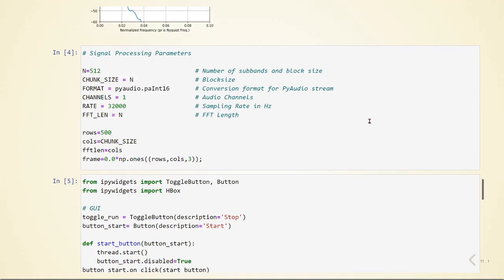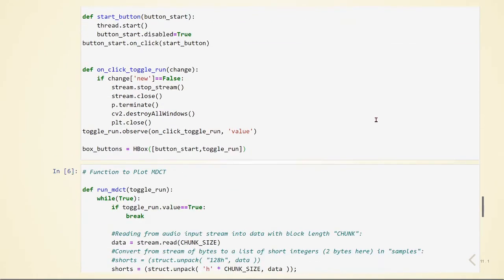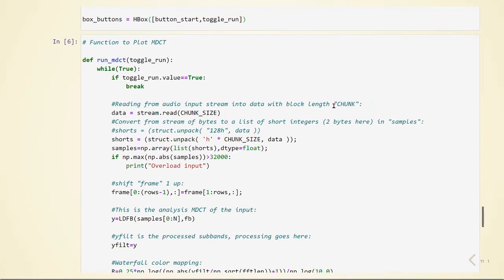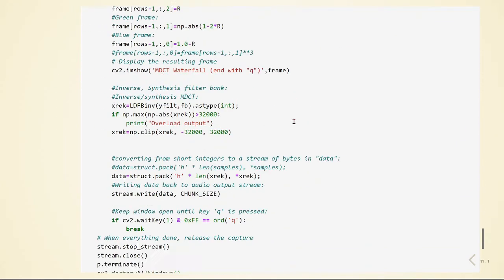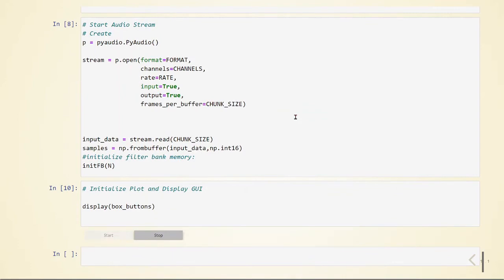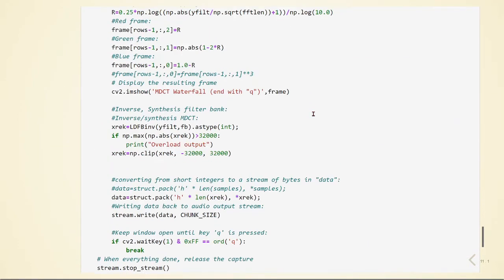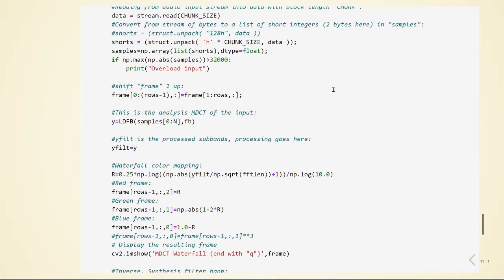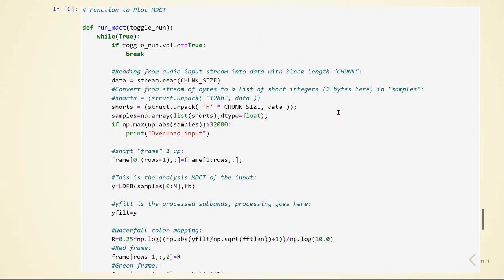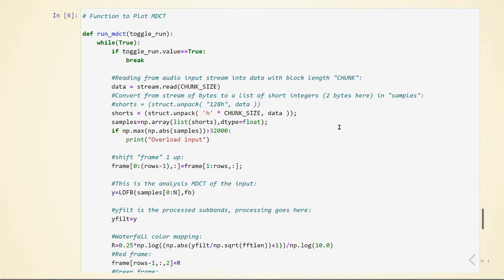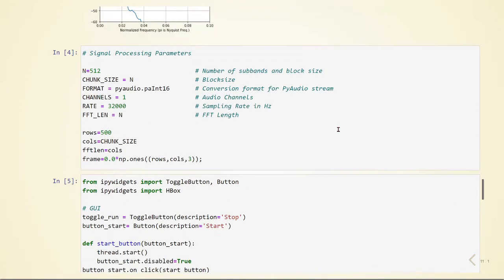And then it is exactly the same. We use PyAudio. We have a GUI to control. We are using threads. So the example is exactly the same, but we are just changing the approach, and now we are using the low delay filter bank approach with different matrices.